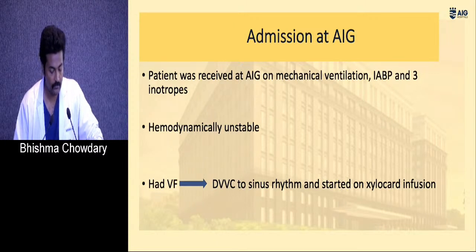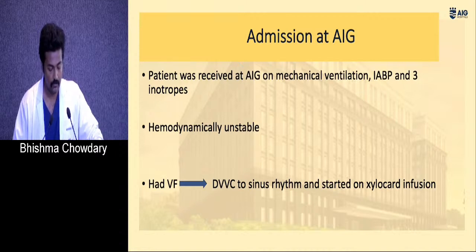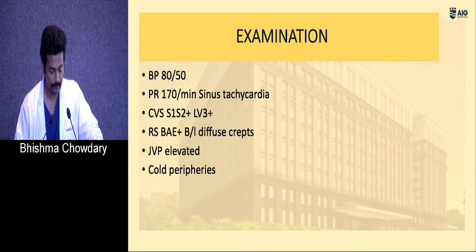We had an immediate discussion among our colleagues: she was a young lady with stage E shock, drastically deteriorating. We thought we would lose her within a few hours. Within the next few minutes, our team was activated, and immediately she was put on a VA-ECMO.